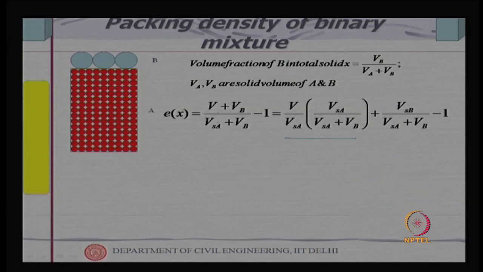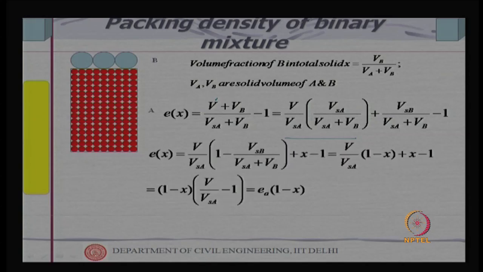This is what I have done, modified this term, this divided by this term, and the next would be V by V_SA, this term remains same, and this I can write as 1 minus V_SB, because V_SA is equal to 1 minus V_SB, divided by V_SA plus V_B. So, I can write V by V_SA times (1 minus V_SB) minus 1, because V_SA plus V_SB is equal to 1, that is what we are assuming, total volume.